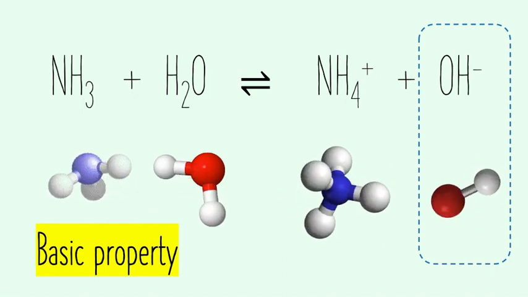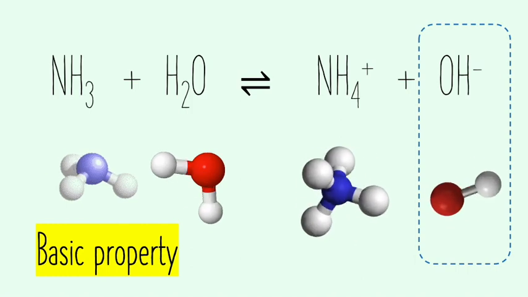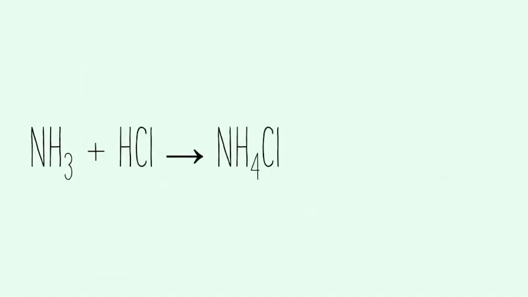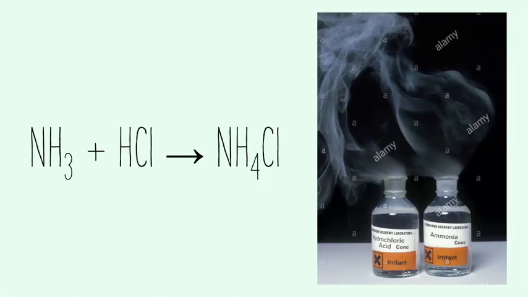We can justify the basic property of ammonia by these two following reactions. Firstly, ammonia can react with hydrogen chloride to yield ammonium chloride, which is a salt. This equation can explain what we observe when we bring a bottle of ammonia solution and a bottle of a hydrochloric acid solution near to each other.